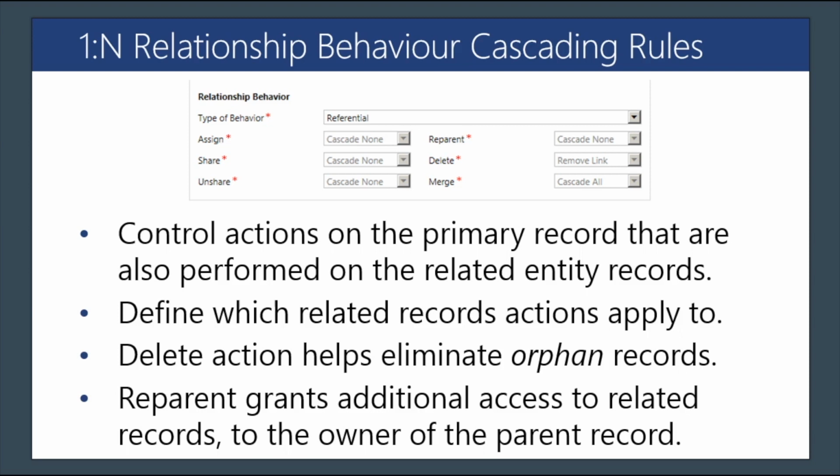You can define whether or not those projects would get deleted when the account gets deleted, for example. And then you also have the ability to reparent, and that puts a new owner in for all of those relations.